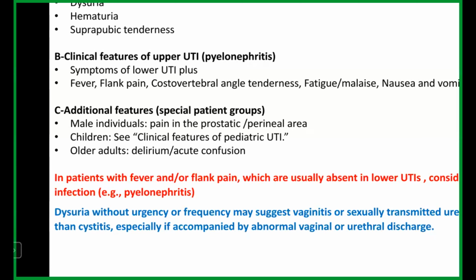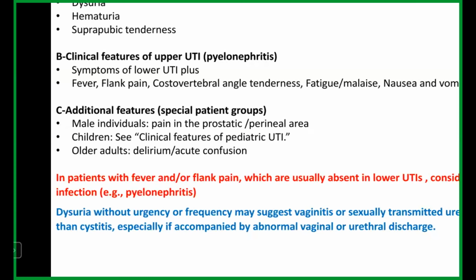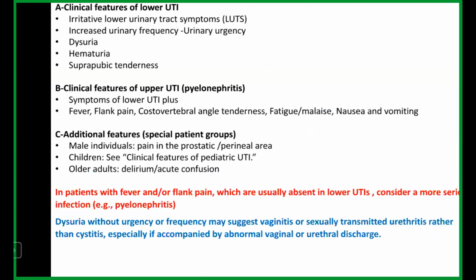Or sometimes adults come with delirium, acute confusion. As I said, we don't know if the patient is in a critical situation that we have to take charge of or not. But in any case, when the patient comes with fever and urinary infection symptoms, immediately we have to take it seriously.